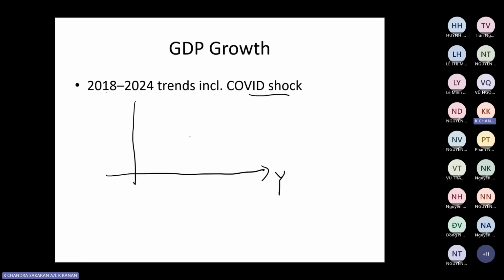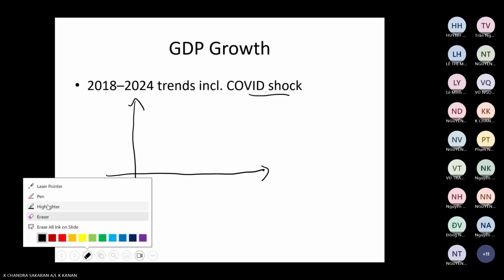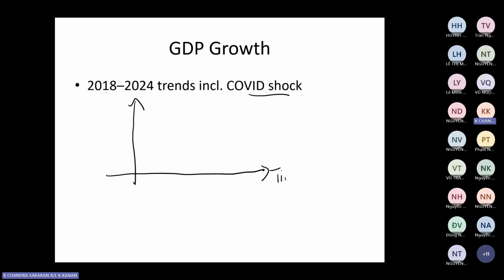This is the production. This is the time period, the year. This is the Y, real GDP. Take the real GDP. So you may find something like that. Maybe this part here, 2019 to 2020, you can find it going down.